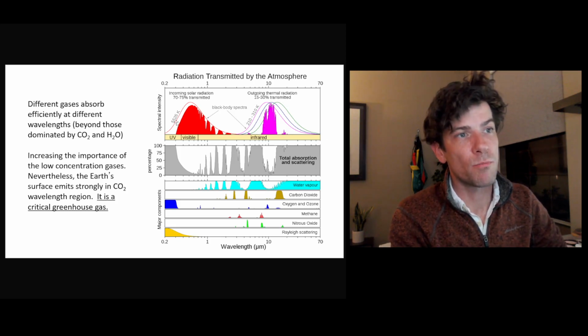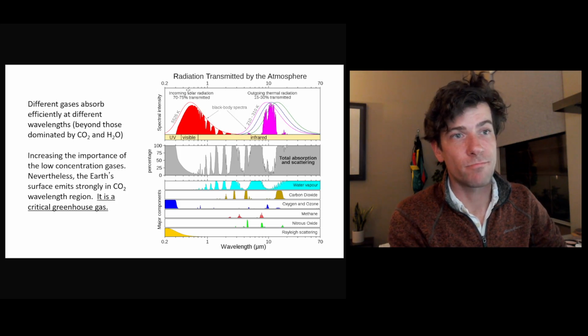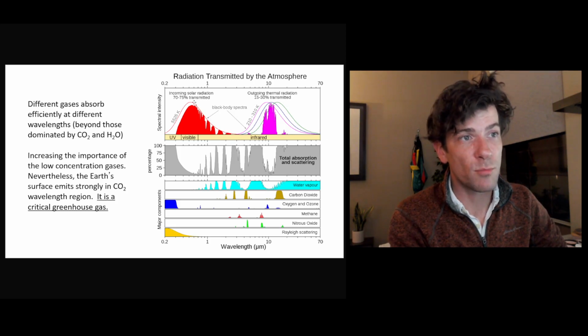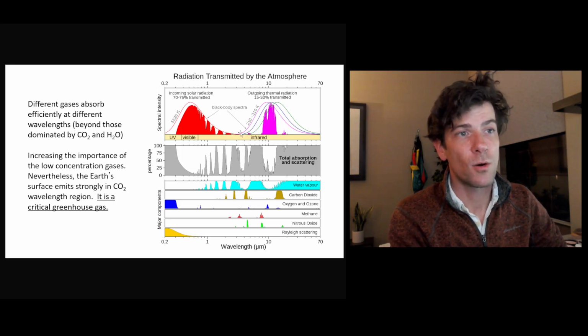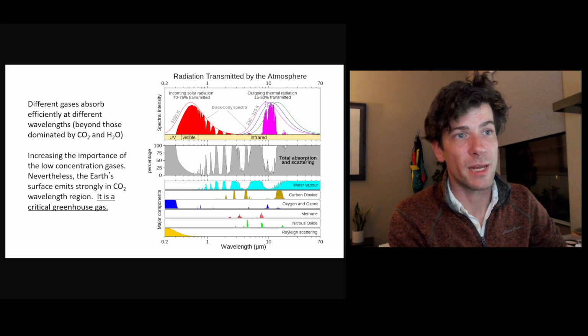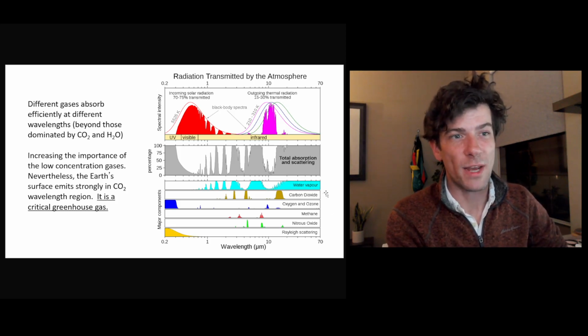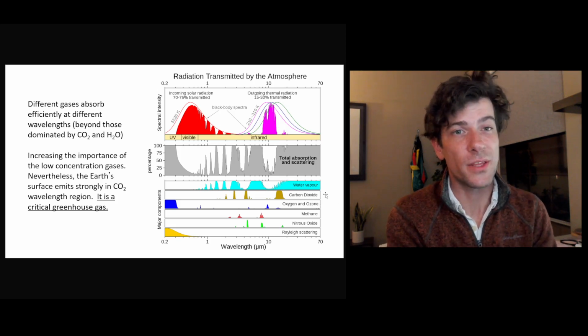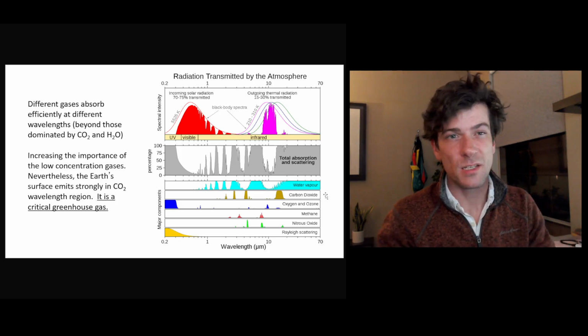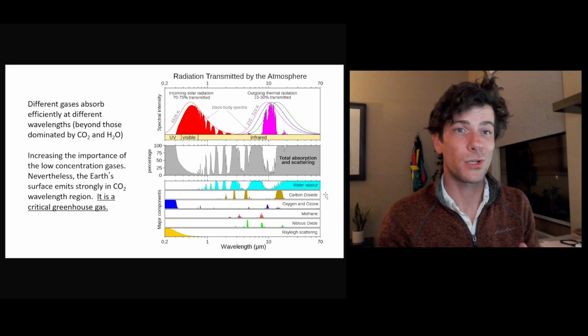And so both objects are emitting radiation. Visible light primarily is coming from the sun, whereas infrared radiation is being emitted back out to space by the Earth. Now, different gases have the ability to absorb and re-emit different wavelengths of radiation. It has to do with the specific size, spacing, and geometry of the molecule itself.